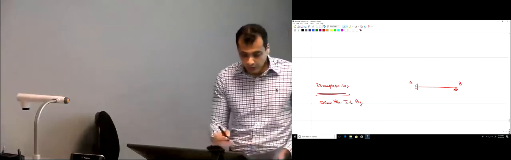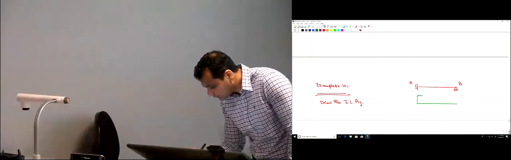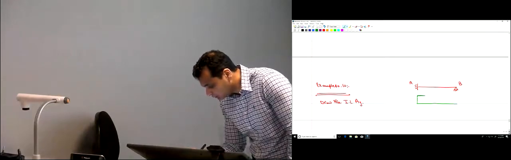So how would I draw the influence line for AY? Displace it, move this up. But it's not allowed to rotate, you just release the vertical displacement, you just push it up. So the rotation here should be 0, because you didn't release the rotation, you just released the vertical displacement.